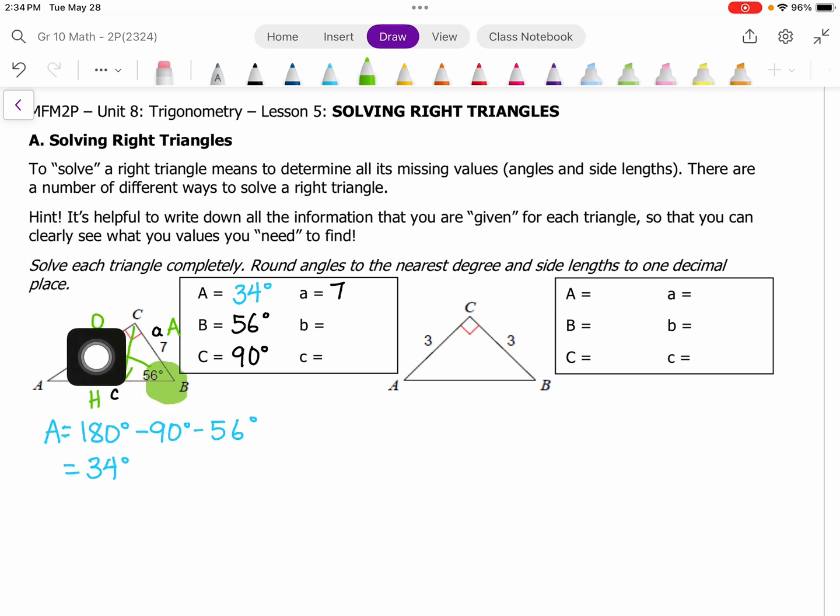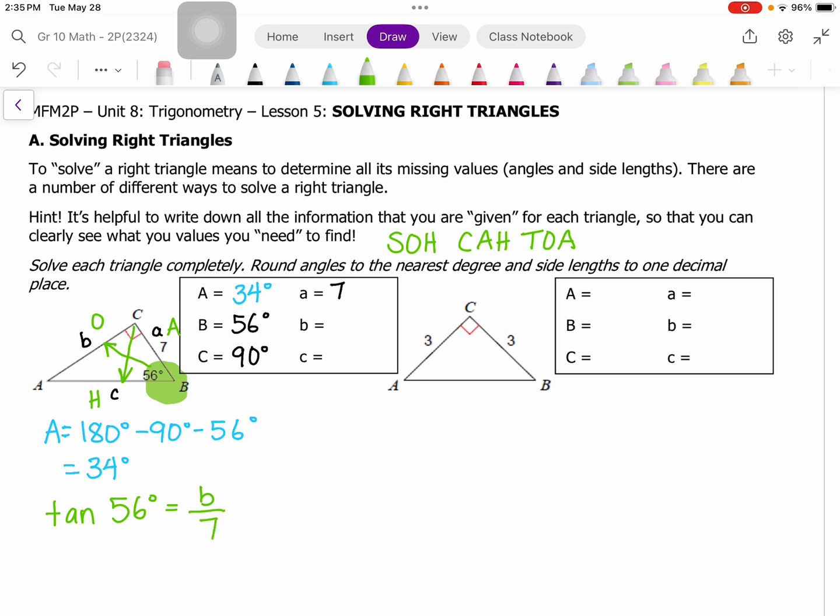So opposite and adjacent, if you recall, we have SOHCAHTOA to help us remember the three primary trig ratios. The opposite and adjacent are the tangent. So the tan of angle B, which is 56 degrees, is equal to the opposite, which is b, over the adjacent, which is 7.